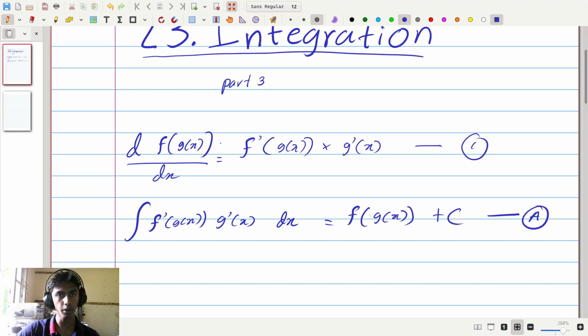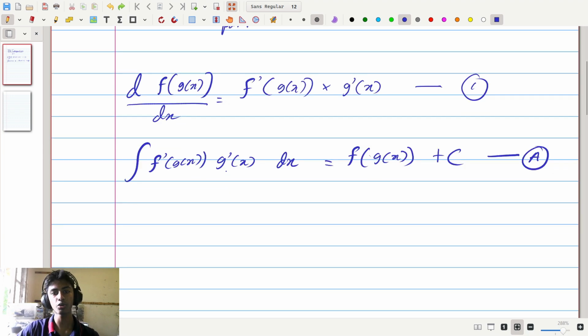What we're going to do now is rearrange equation number 1 into a different format in order to show a different expression that gives us the same result. To do so, we first write g prime of x, instead of in Lagrange notation as it's written here, in Leibniz notation. Recall that Lagrange notation is where you put a prime to indicate the derivative, and Leibniz notation is where you put the d by dx form.